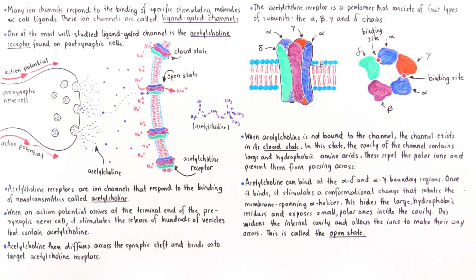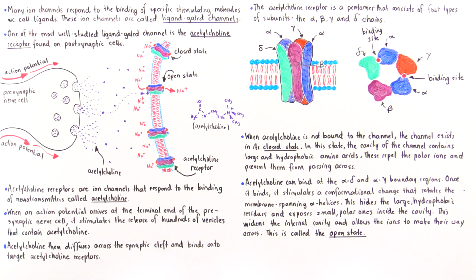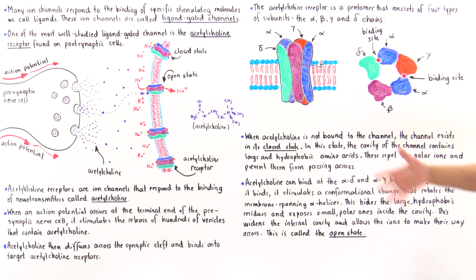So acetylcholine can bind at the alpha-delta or the alpha-gamma boundary regions shown here and here. Once it binds, it stimulates a conformational change that rotates the membrane-spanning alpha helices found within this hydrophobic core. This hides those large, bulky, non-polar, hydrophobic residues.